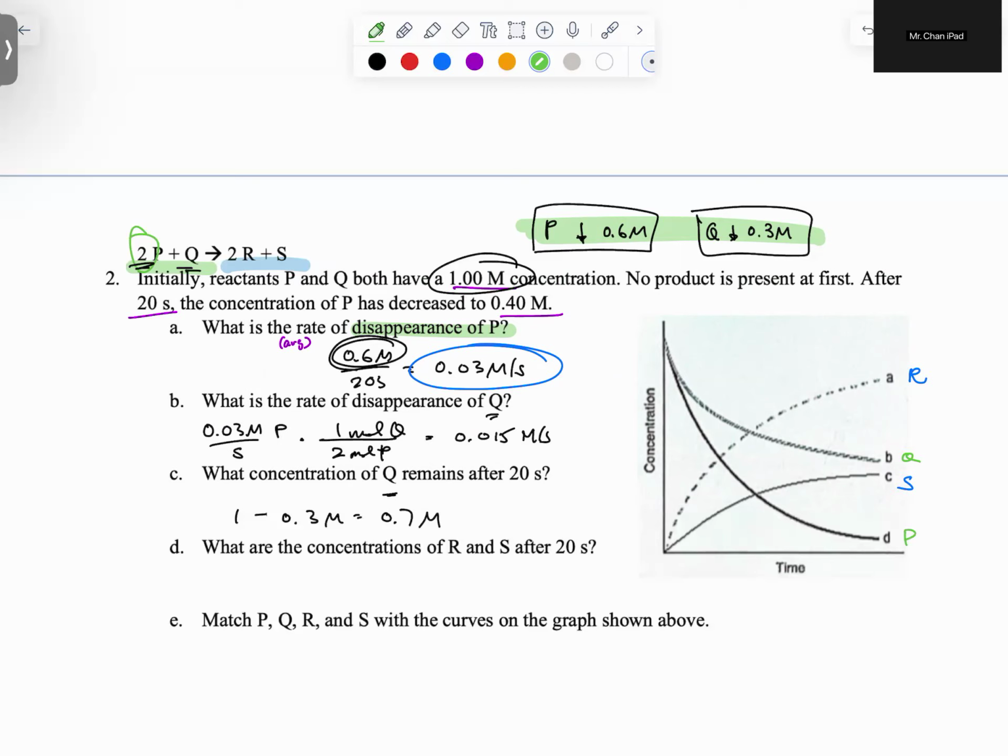Therefore, R concentration must be 0.6, because its mole ratio is the same as P, 2-to-2. So if P dropped by 0.6, then R must go up by 0.6. And S must go up by 0.3 molar. And just a little sneak preview of second semester: we are doing a whole lot of concentration calculations like this in the second semester. Okay, so just buckle up.